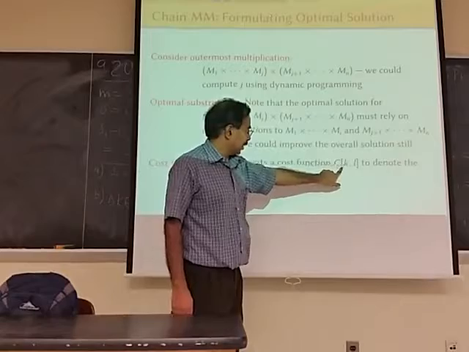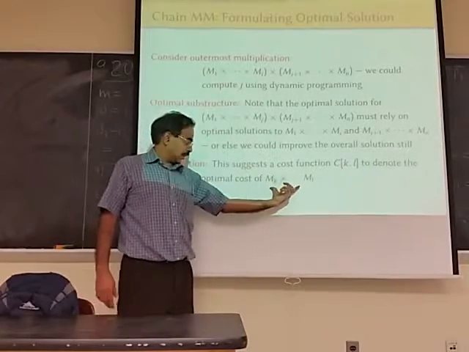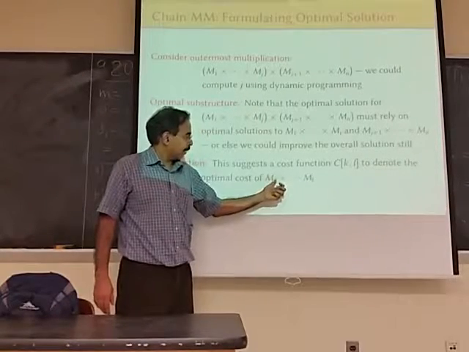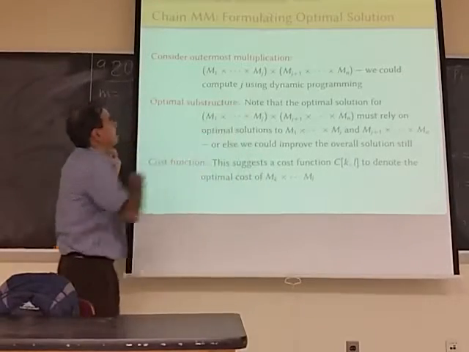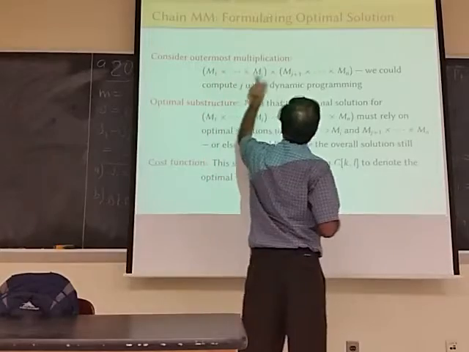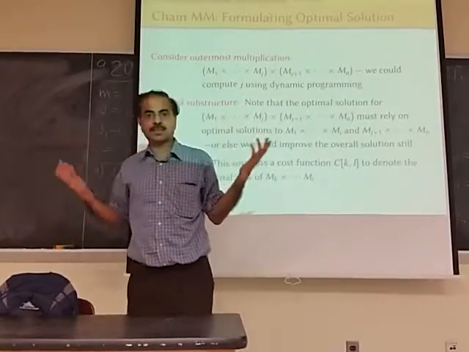In particular, C of K, L denotes the most efficient way of computing the subproduct starting from Mk through Ml. Essentially, think of this whole thing as if it's a string: M1, M2, M3 up to Mn, and your subproduct is going to be like a substring.